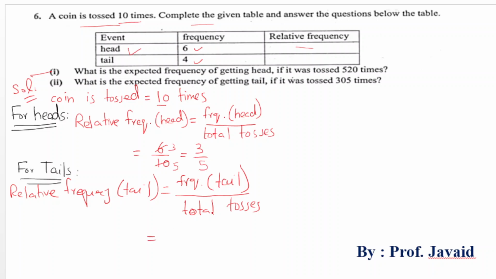So the frequency for tail is 4, and total tosses 10. After simplifying, 2 times 2 and 2 times 5, you will get 2 upon 5. I think until here you understand. Until here it's just like the previous, nothing is new. If you know the formula, it is the only formula that we are applying in all the questions. So let's move toward the next part, the second part.